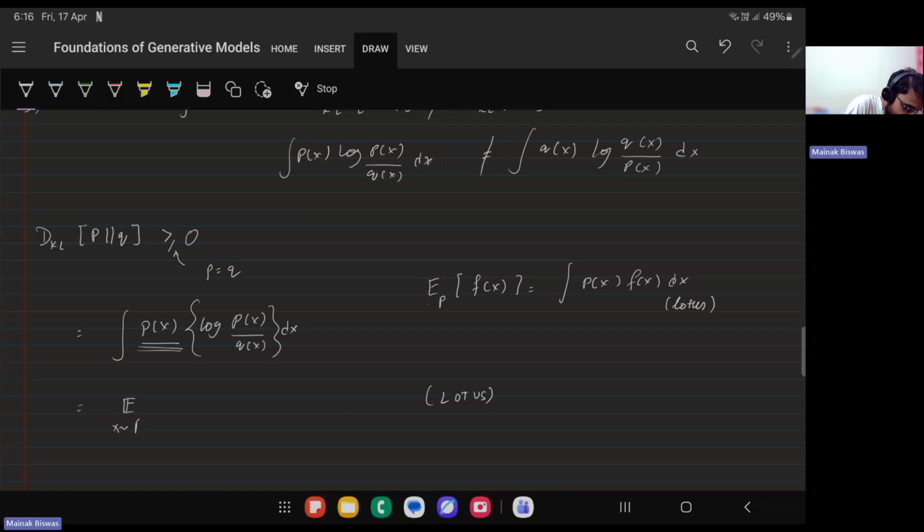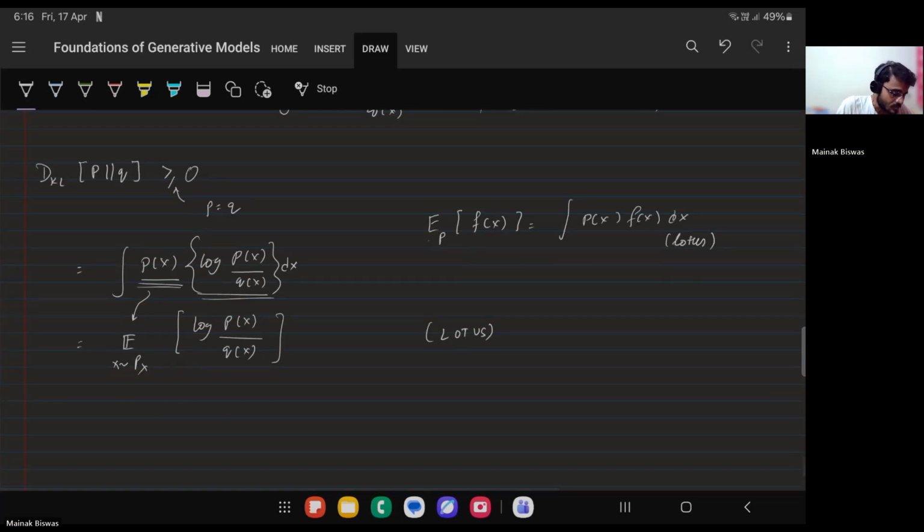X in Px just means sample from Px. You have to be quick in writing these expectations: whatever is multiplied with the function is the density, and the function is what you're taking the expectation over. So you're taking expectation over log P by Q.